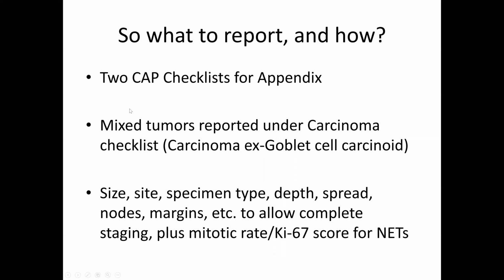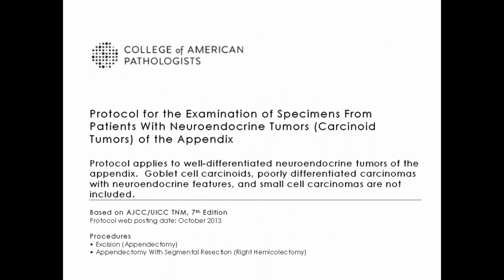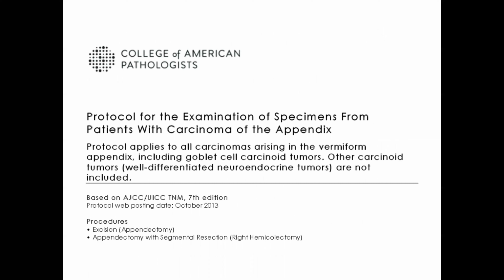So we have the neuroendocrine tumor checklist and the carcinoma checklist, but in both, many of the same features are noted: size, site, specimen type, spread, lymph node status, margins, etc. And then in the neuroendocrine tumors, we would want mitotic rate and Ki-67 scoring. So these have been updated. There's a 2020 update, and I would refer you to pay some attention to the notes in these protocols, which are always very helpful in terms of assessing the significance of a particular prognostic factor.